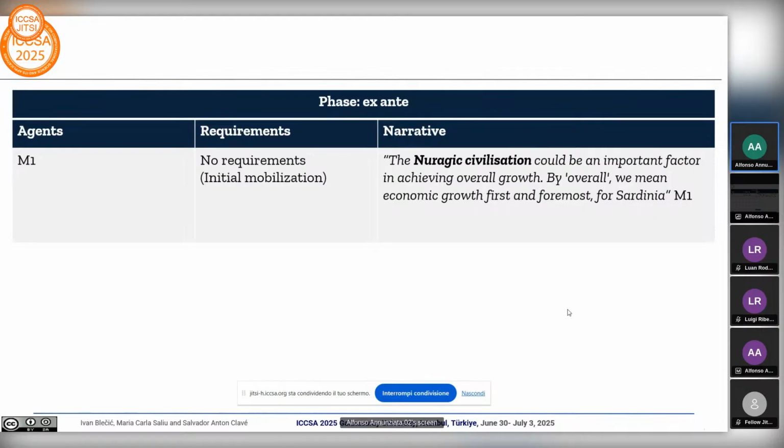But then he started to think that maybe the World Heritage process could be a good opportunity in order to achieve the goal that he first had in his mind.